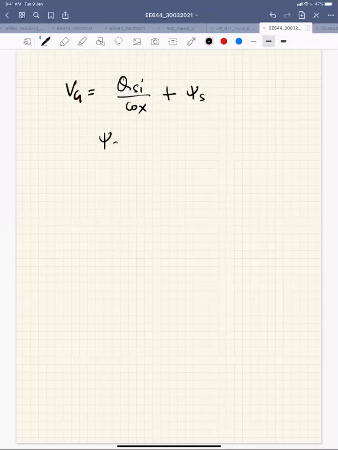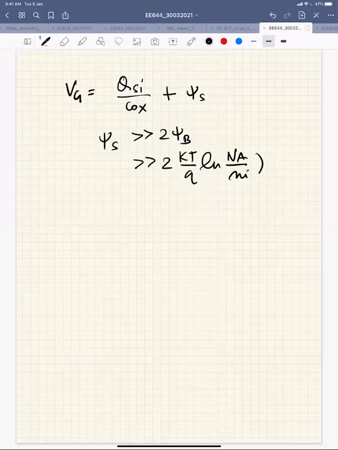Now if I write the equation again, the gate voltage is Qsi by Cox plus psi s. But if your psi s is much higher than 2 phi b, that is, much higher than 2 kT by q ln Na by Ni, that means your inversion charge is higher than the depletion charge.